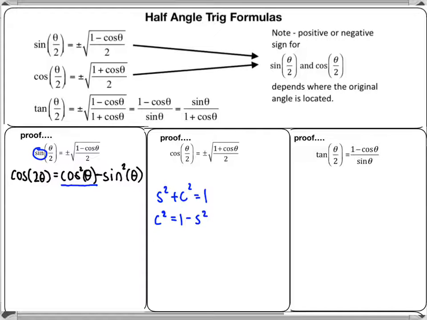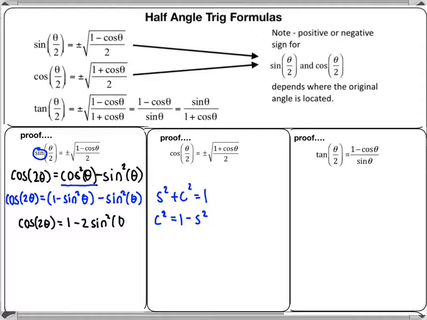So I'm going to replace that and write it like this. Now we have our new line with sine on the right-hand side and cosine 2 theta on the left-hand side. I'm going to gather up like terms: cosine 2 theta equals 1 minus 2 sine squared theta.